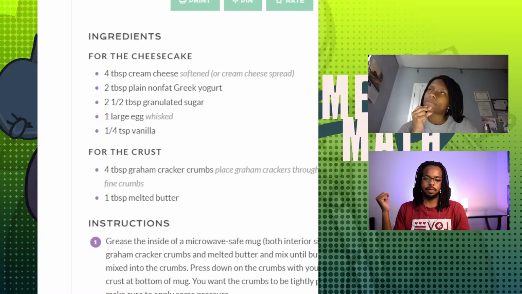So half a tablespoon would be 1 teaspoon. 2.5 milliliters. Yep, 2.5 milliliters. So we have 1 ounce and 2.5 milliliters. So that's 30 milliliters plus 2.5. So that's 32.5 milliliters. Very, very close.